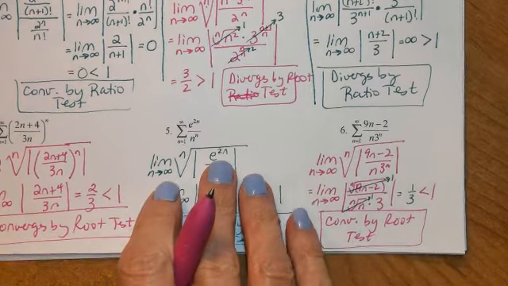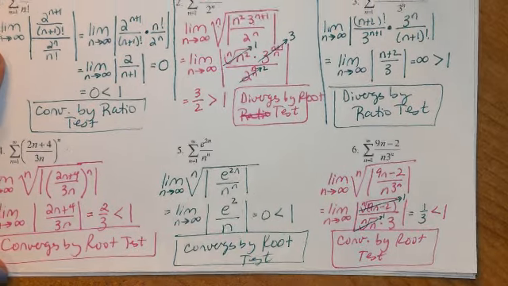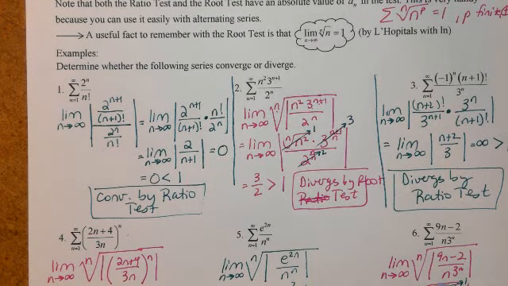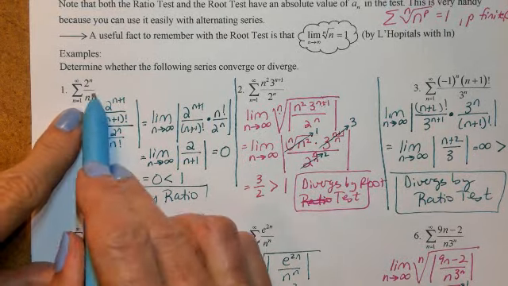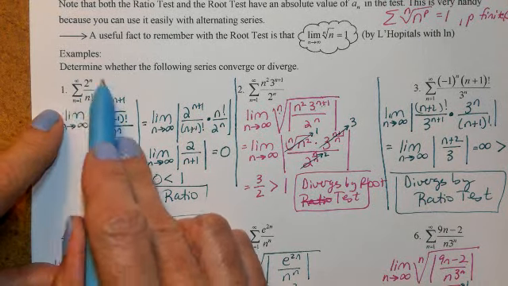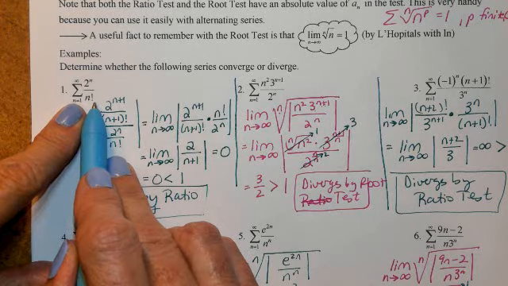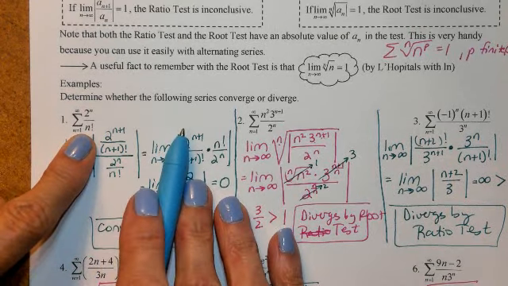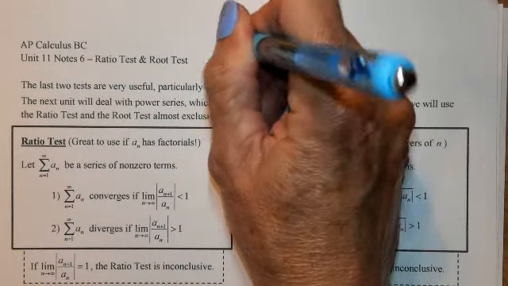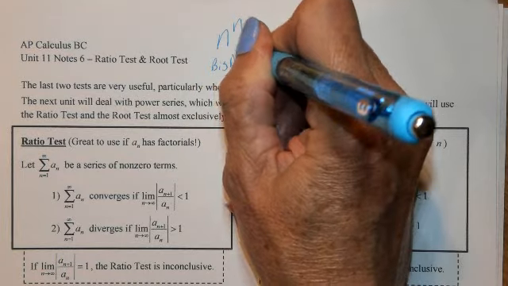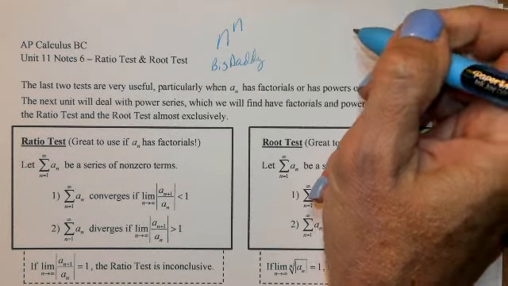Before we do anything else, I want to make note of something here. In example 1, let me get a blue. Alright, in this one, do you remember when we were talking about powers of infinity? And I said that the biggest one that we deal with is n to the n, and I called that Big Daddy. It's the strongest one that we deal with.